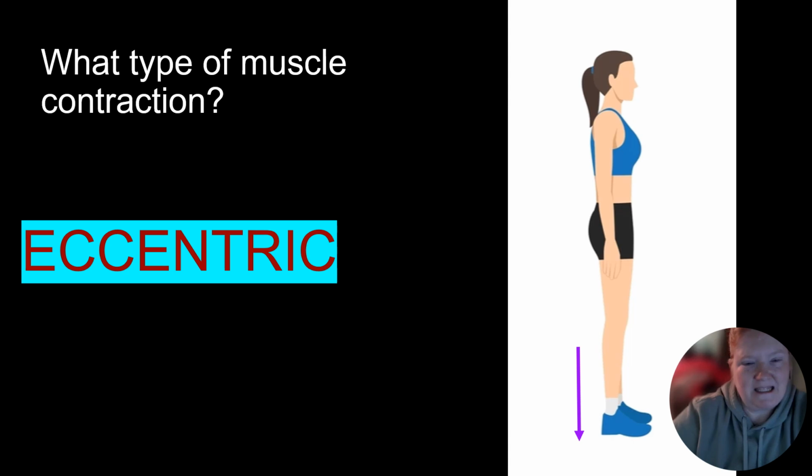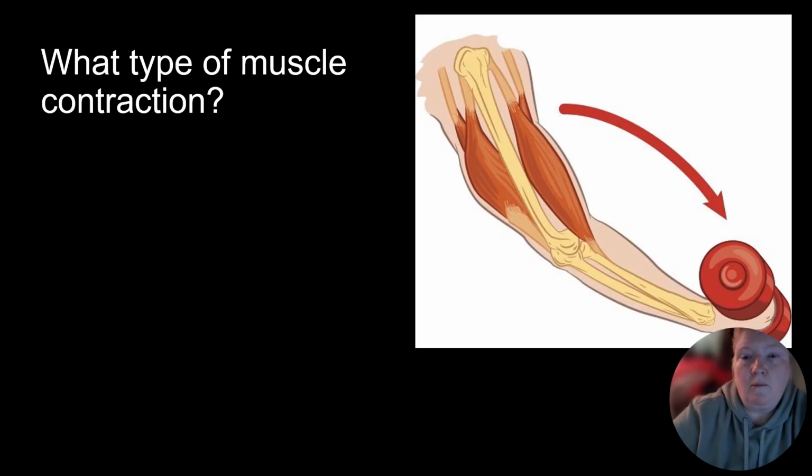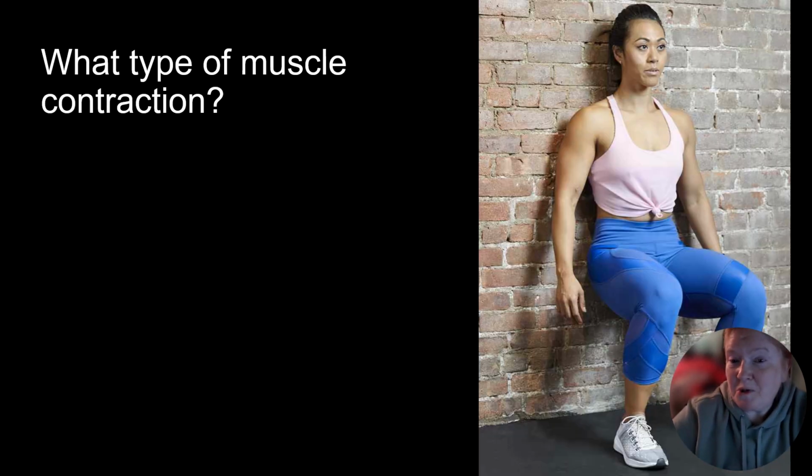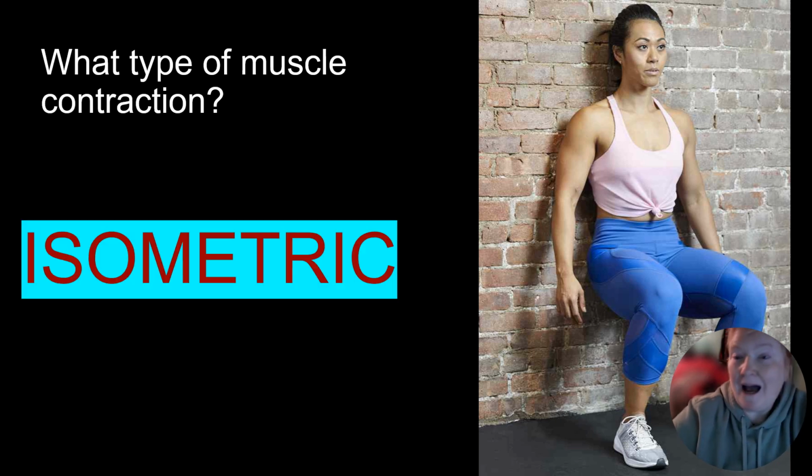Yeah, eccentric. What kind of muscle contraction is illustrated here? Eccentric. What kind of muscle contraction is illustrated here in this wall sit? Isometric.